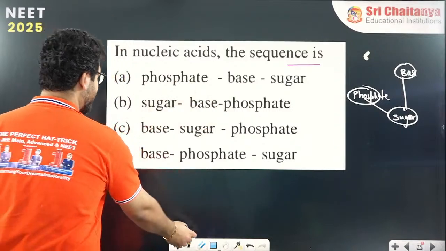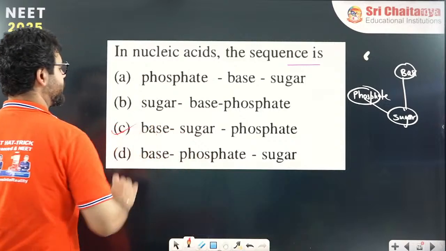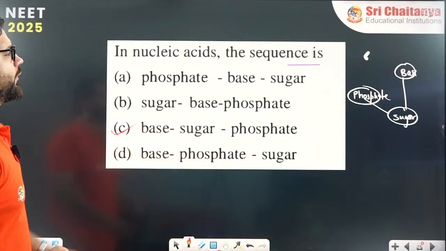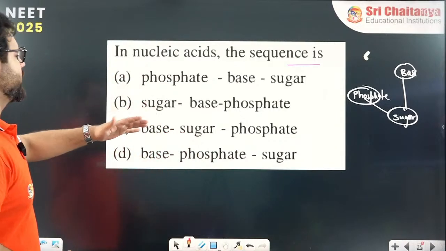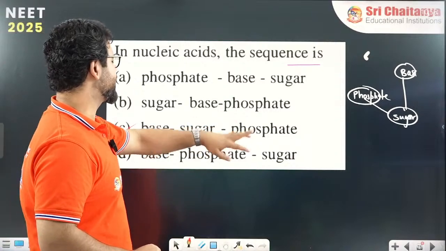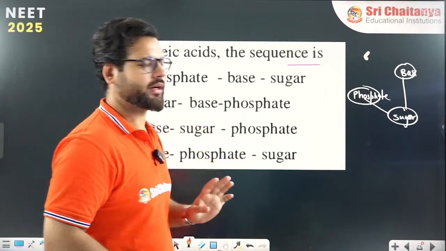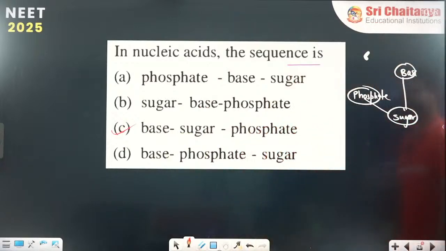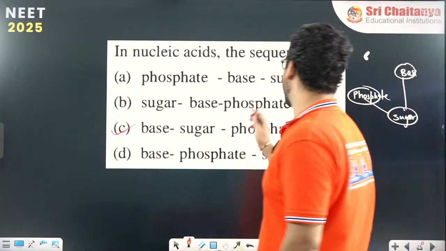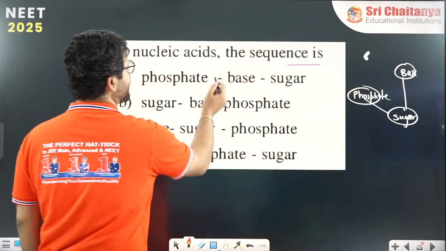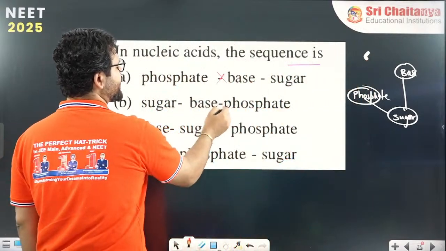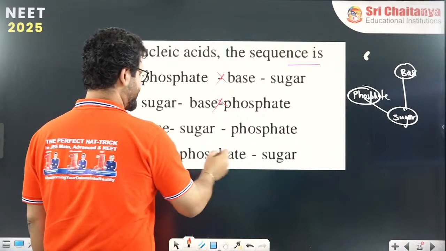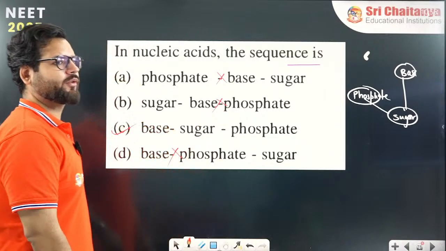Base sugar phosphate is mentioned here, option C. There is no option with phosphate then sugar then base, so base sugar phosphate is the correct one. There is no attachment between phosphate and base, so this is incorrect.